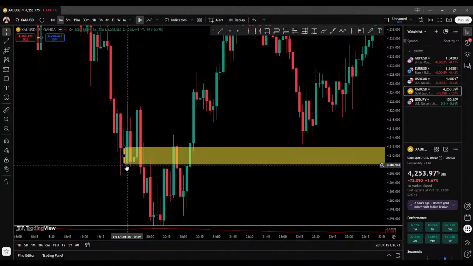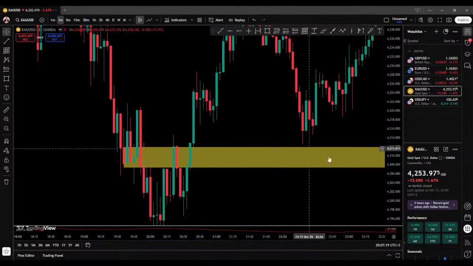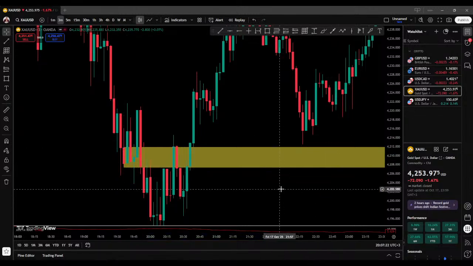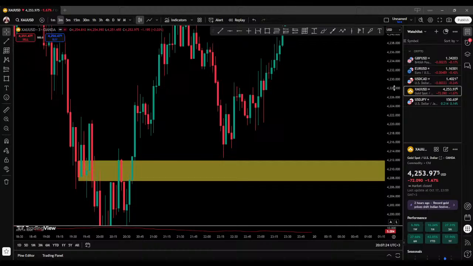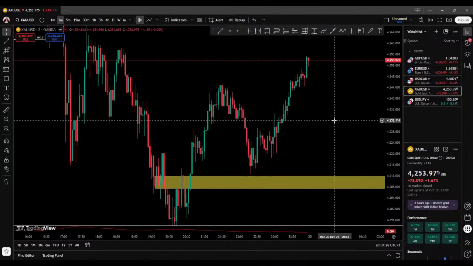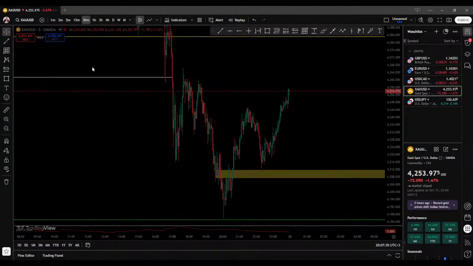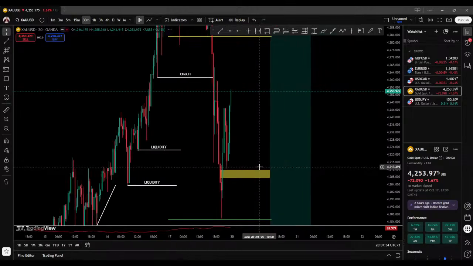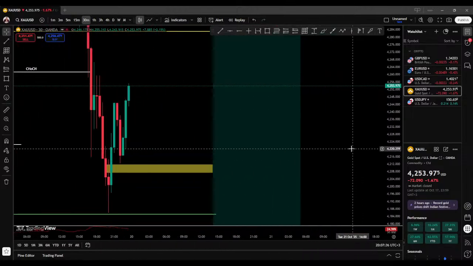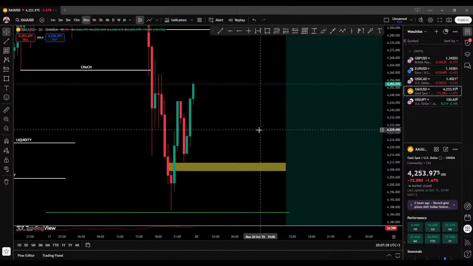What we do with gold, you give it space because of the wicks. So my friend, if you want to take this trade tomorrow, no, on Monday, this is where you take that trade. You see exactly where that is.